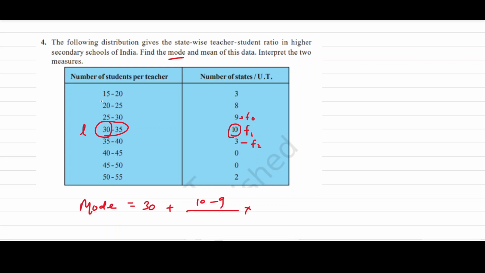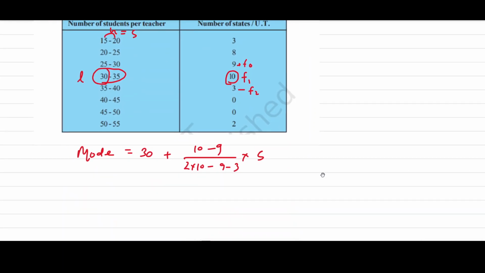Now what is h? h will be 5, so put 5. Then 2f1, 2 into 10, minus f0, and minus f2, which is 9.